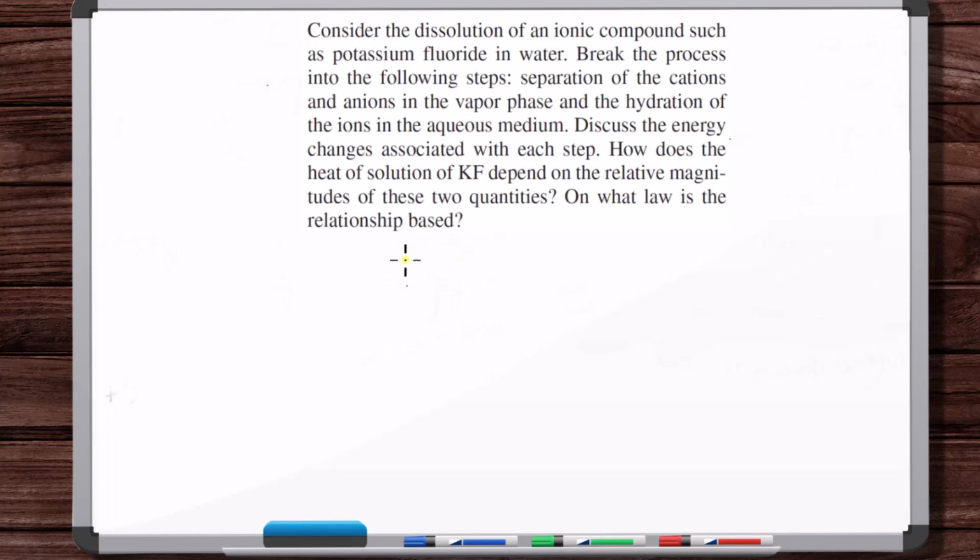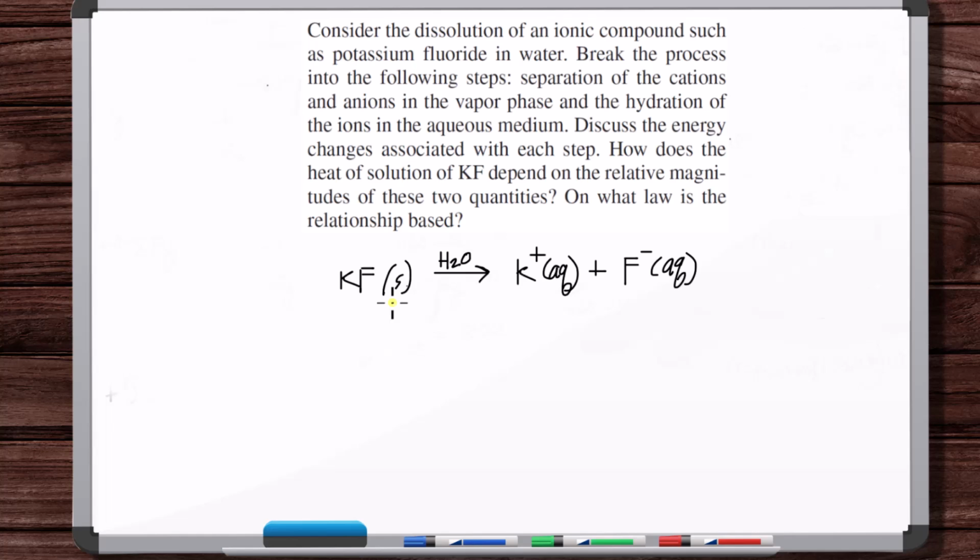All right, so you've got solid KF, the dissolution process means you go from solid potassium fluoride to K+ aqueous plus F- aqueous.